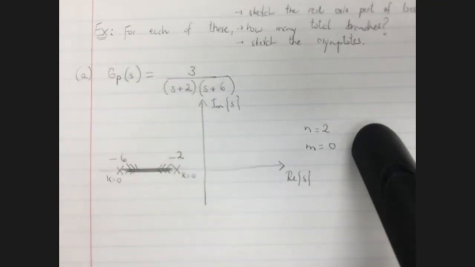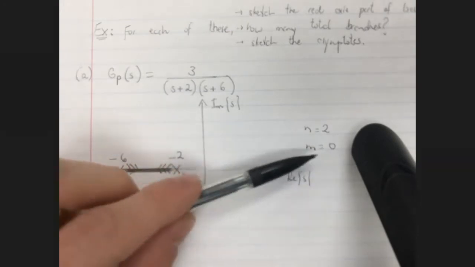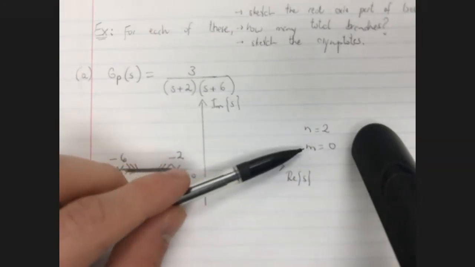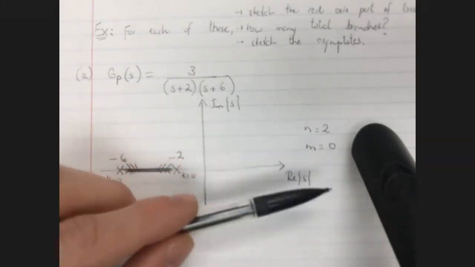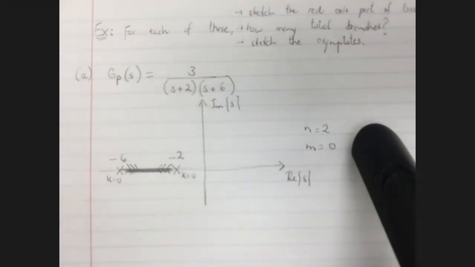So we know we've got 2 total branches. We know that m of them end at the zeros, so obviously here none of them are going to end up in the zeros, and the rest, meaning both of them in this case, are going to end up at the asymptotes.